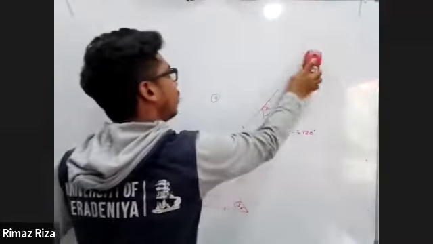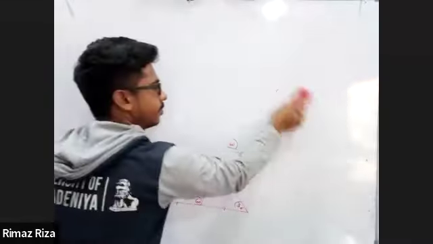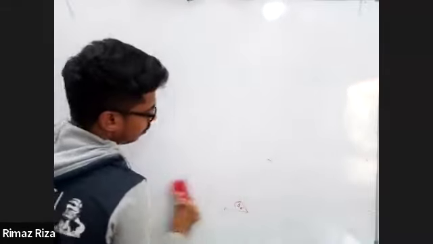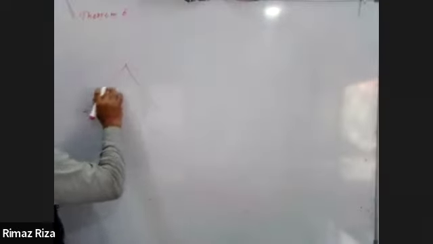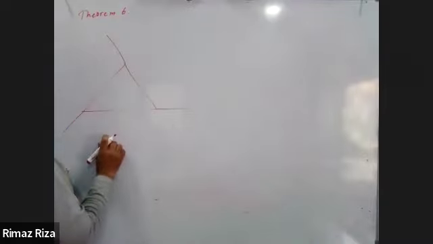Okay, so write down, what is the last theorem number we wrote? 5. Okay, theorem 6. So if you have a triangle, now you extend this one, and then you extend this, and you extend this, right?